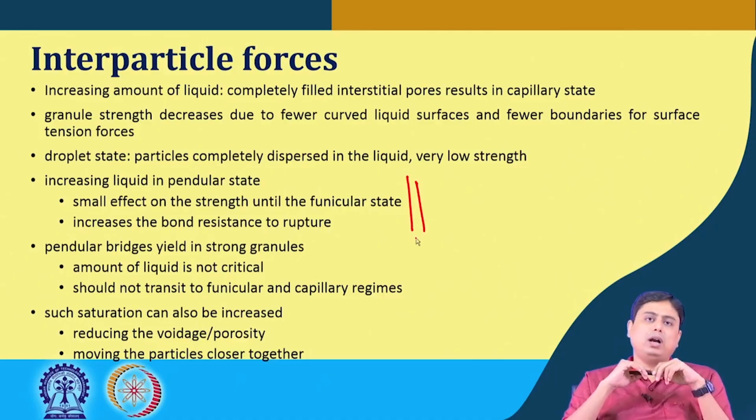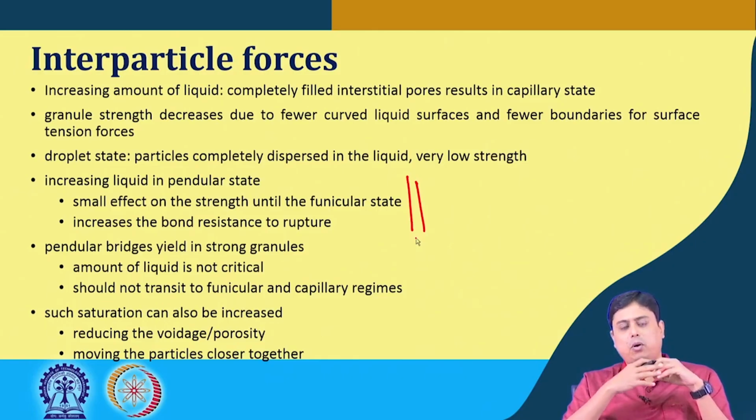The amount of water in the pendular state is not very critical until it reaches the funicular or the capillary region, because increasing the amount of liquid in the pendular stage up to a critical point increases the bond resistance to rupture.